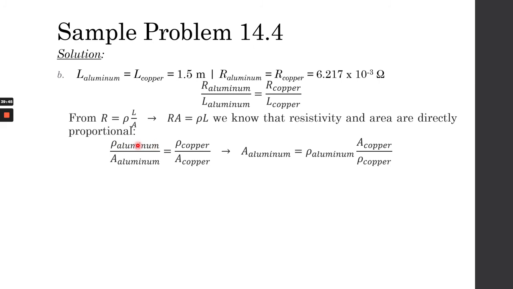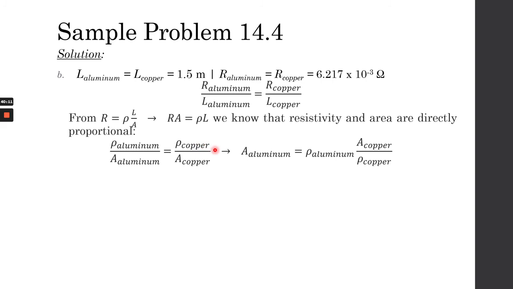So the resistivity of aluminum divided by its area should be equal to the rho or resistivity of the copper divided by the area of the copper. And this is true provided that all other aspects remain constant. And we know that the length and the resistance are constant, they are unchanged, so we can use this.